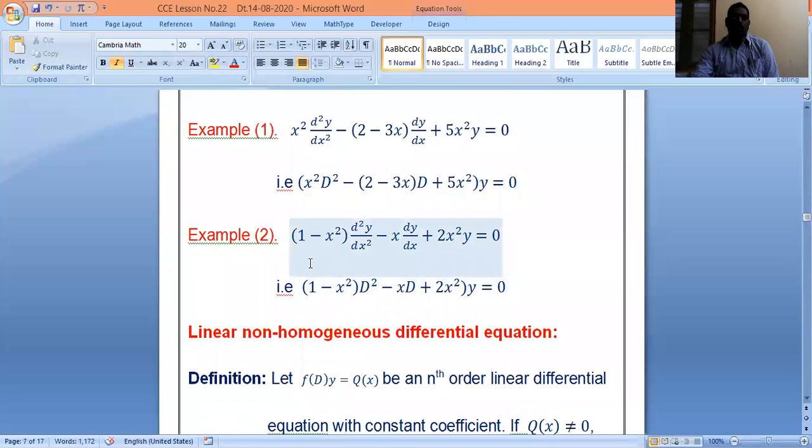Example 2: (1 - x^2) d^2y/dx^2 - x dy/dx + 2x^2 y = 0. In the operator form, this equation can be written as ((1 - x^2) D^2 - x D + 2x^2) y.